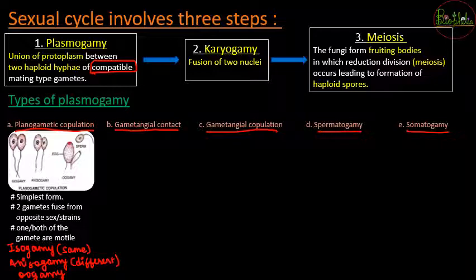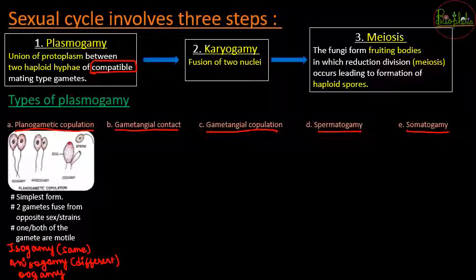And in oogamy there is going to be one gamete, majorly the female gamete, that is immotile, and the second gamete, the male gamete, is going to be motile. But in the other two, isogamy and anisogamy, both the gametes are generally motile.